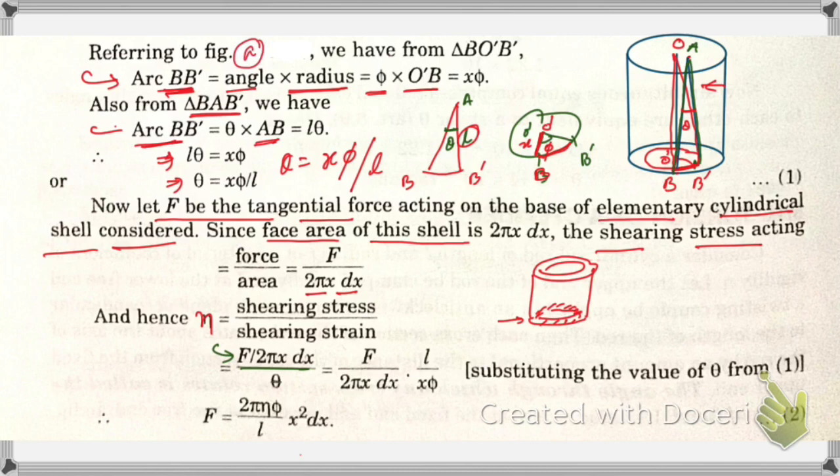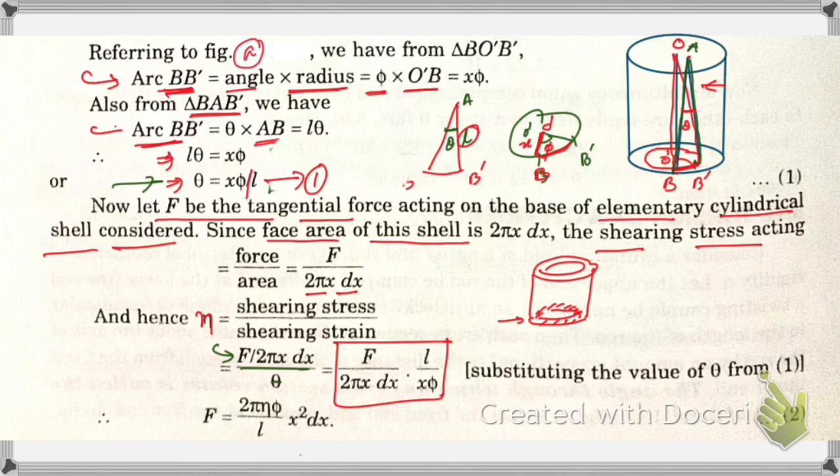If you put the value of theta from this equation, which we have taken as equation number 1, what was that? x phi by L, right? If you put that here and simplify, then you will get this result, right?